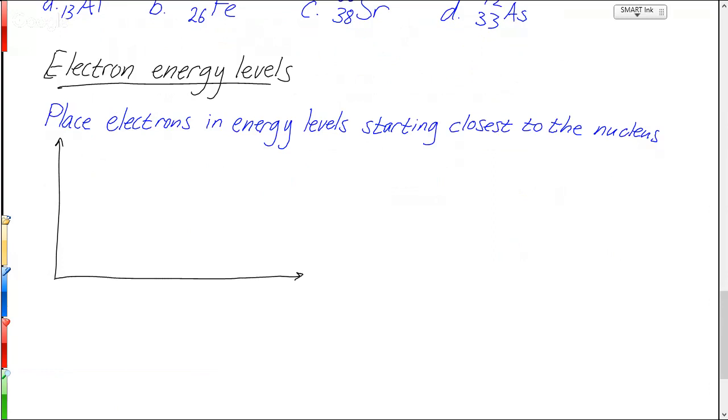I've had success with this one. So we're going to look at it kind of like a graph, where our y-axis is energy, low energy to high energy. And we're going to look at 3 energy levels: 1, 2, and 3.